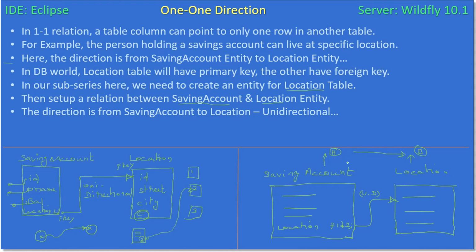One can also model a bi-directional one-to-one relation. Let's say there are two tables, table 1 and table 2. Let's assume we have some rows here in table 1 and some rows here in table 2. Now we will also assume there is a mapping.